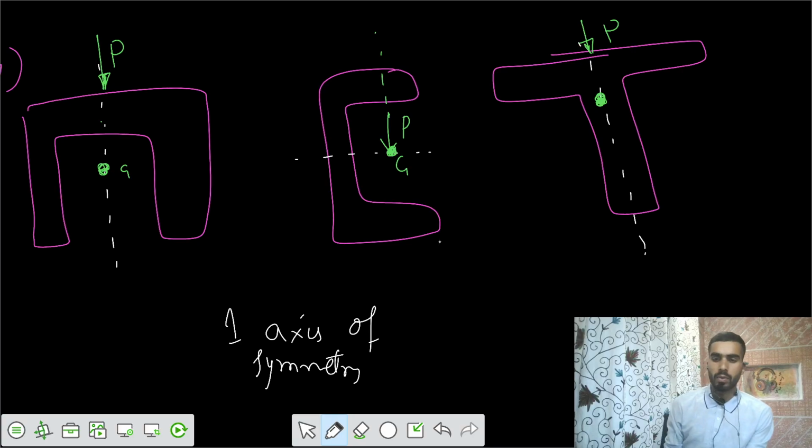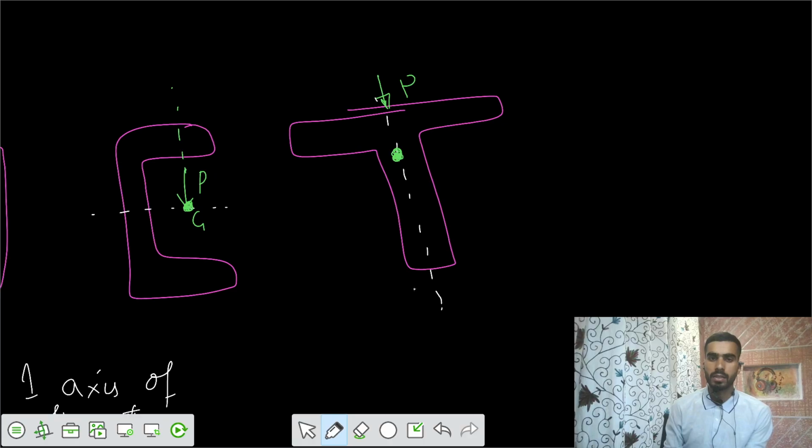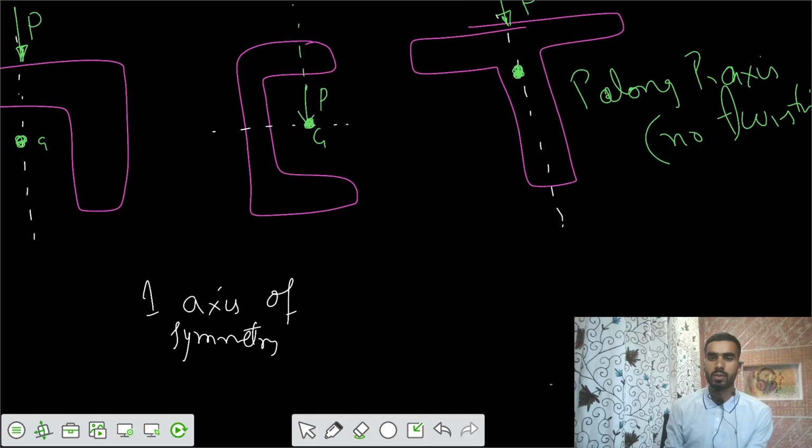I would say that for the third case, the load P is along the principal axis. So I can say there is no twisting. There is bending, but there is no twisting.